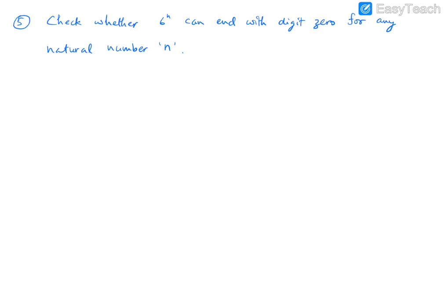So let's begin with 6 power n. Now we can write the number 6 in terms of its prime factors, which are 2 and 3. So 6 power n is (2 into 3) power n, and we can write that as 2 power n into 3 power n.